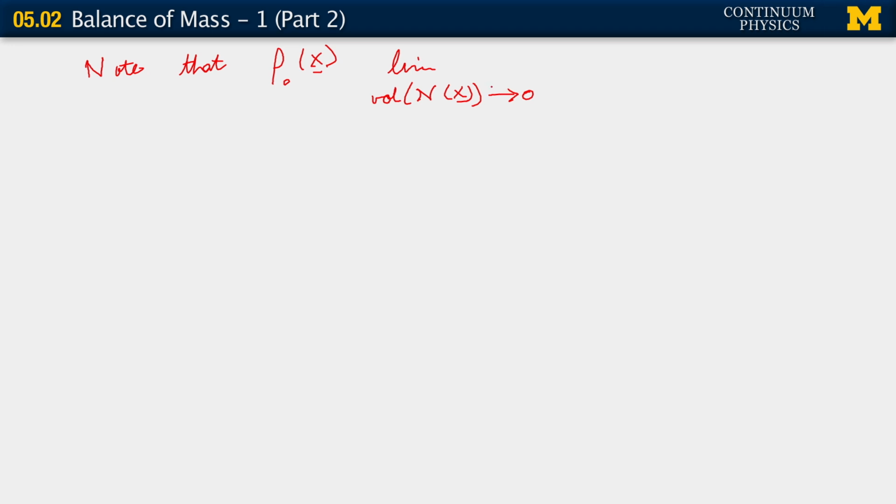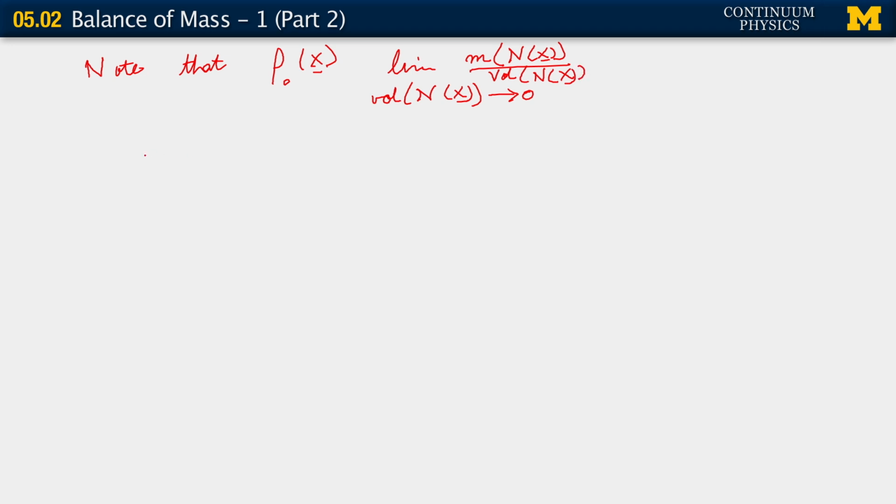In this limit, what we want to consider is what I will write as the mass of that neighborhood of the point x divided by the volume of that neighborhood of the point x.